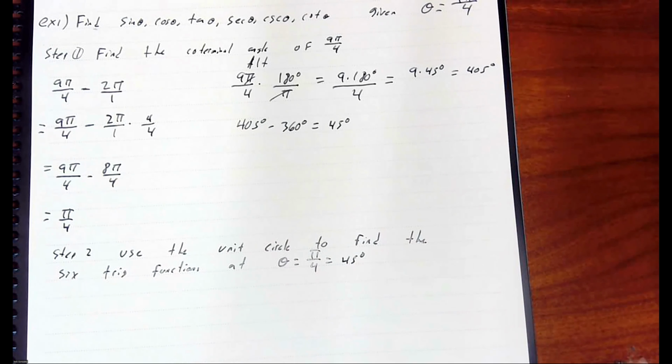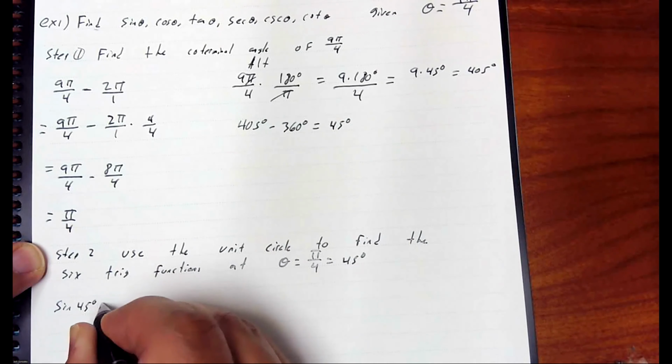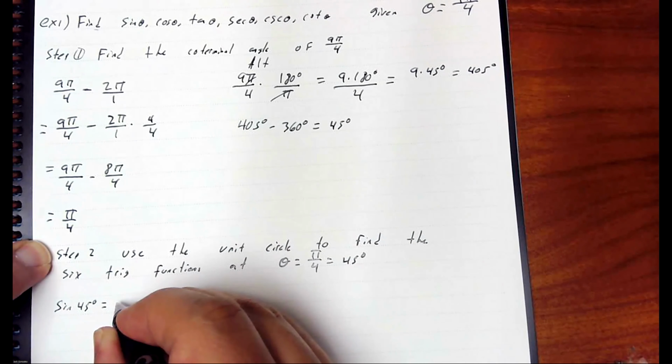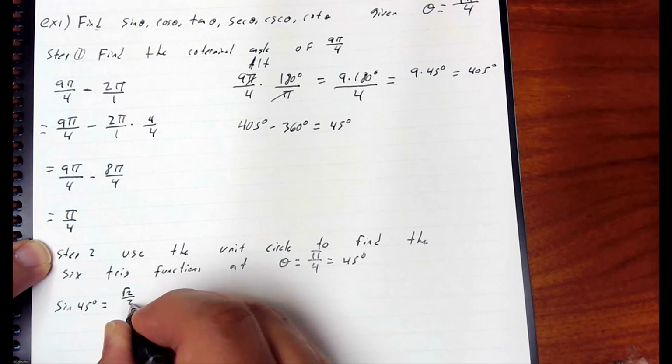Same thing, right? So sine of 45. That's going to be square root 2 over 2, right?